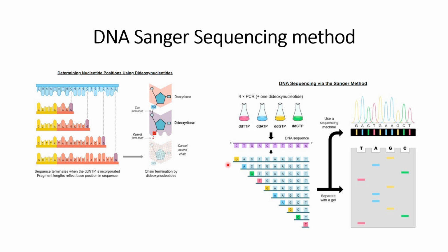After that, we consider one example, the T dideoxy nucleotide. In one case, T will bind to the first A and will not proceed further. In another case, normal nucleotides will bind to the sequence, and T will bind at the end of the second position.